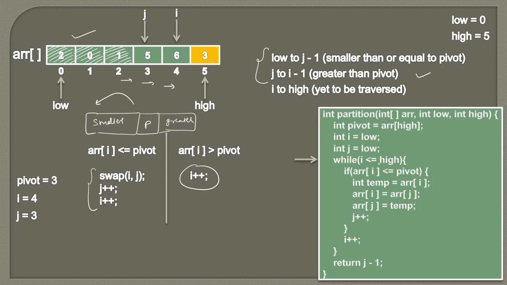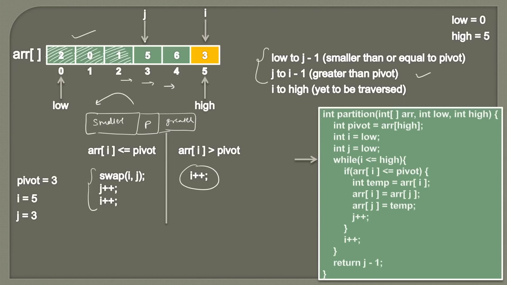Now i is still less than or equal to high, so this while loop will execute. Array of i, which is 6, is greater than pivot, so this condition comes out to be false. When array of i is greater than pivot, we know that this element is at its proper position, so we don't touch it. We simply move i ahead like this.